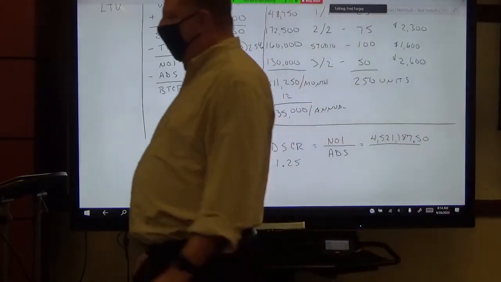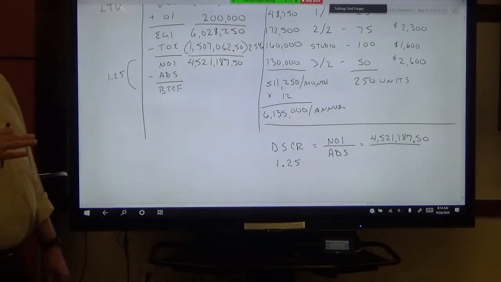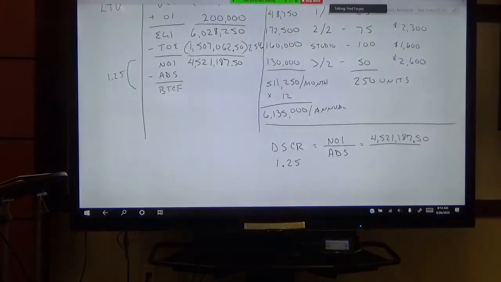So, in this case, if we say that we have a debt service coverage ratio requirement of 1.25, what that means is the lender wants a cushion of 25% between the net operating income the property is generating and what you would be paying them in mortgage payments, okay?